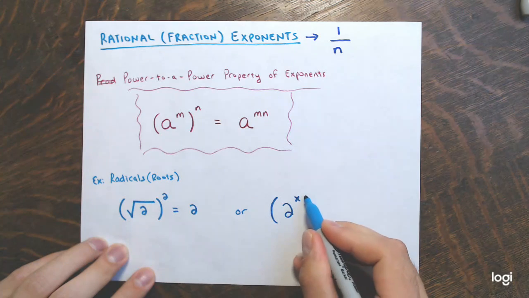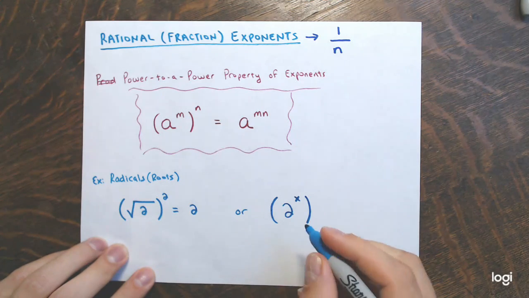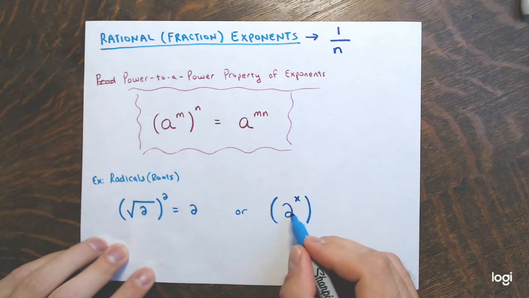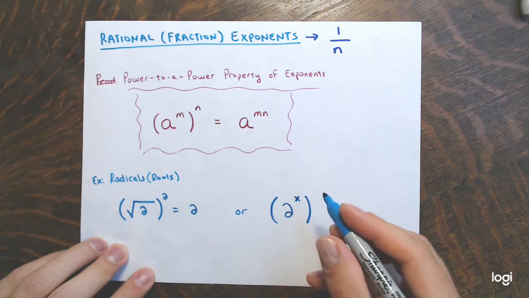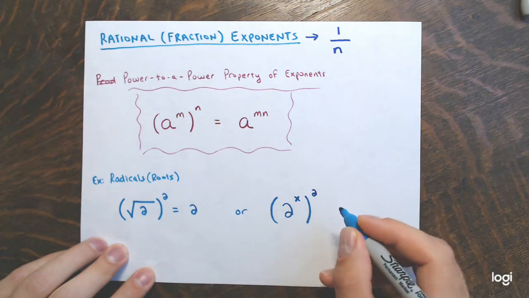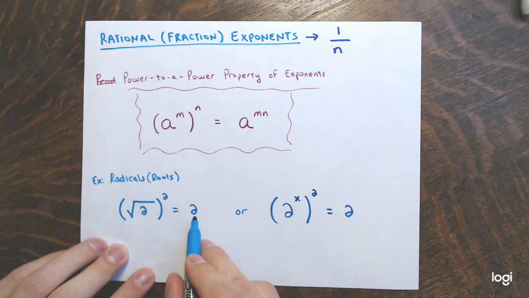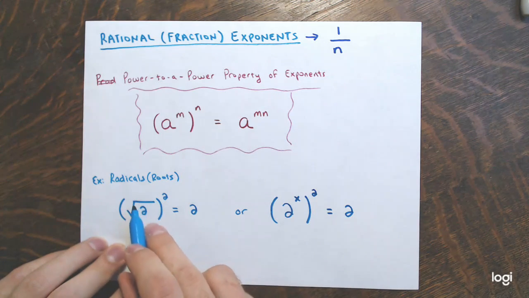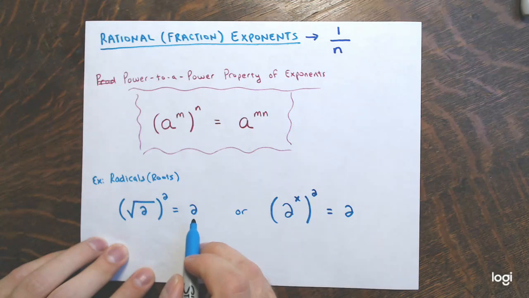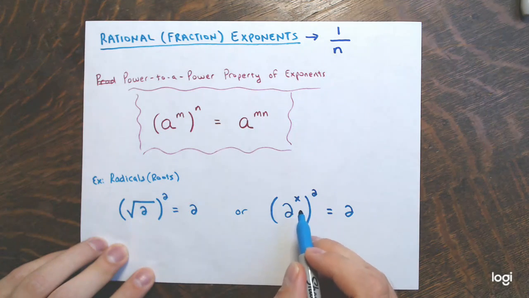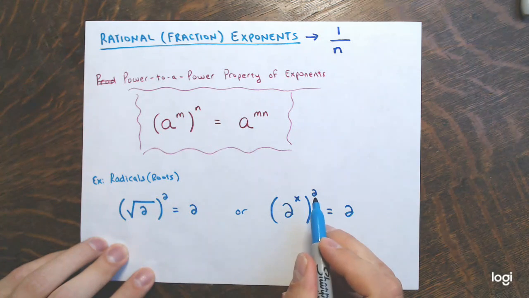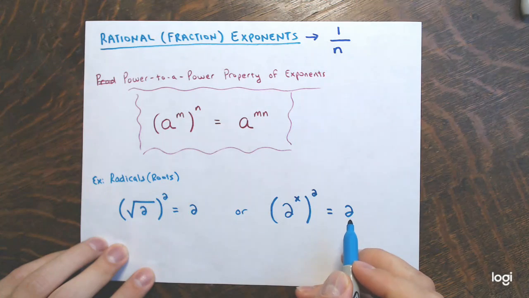And I want to say, 2 to what power, when squared, would give me 2, just like over here. Over here the square root of 2 to the second power gives me 2. But here I am saying 2 to what power squared also gives me 2.